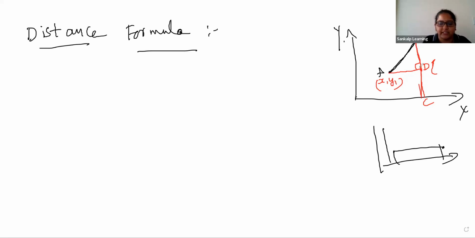You should consider this. What should I write? What is the x coordinate at this point? It is x2, right? x2. What about here? What is y? This is x2 and the y coordinate, you have to take this, that is y1. Understood how this was written?